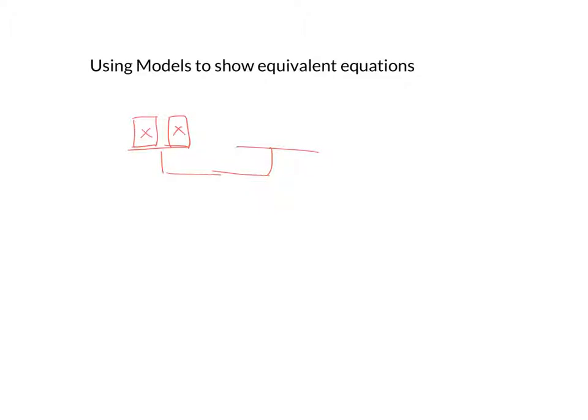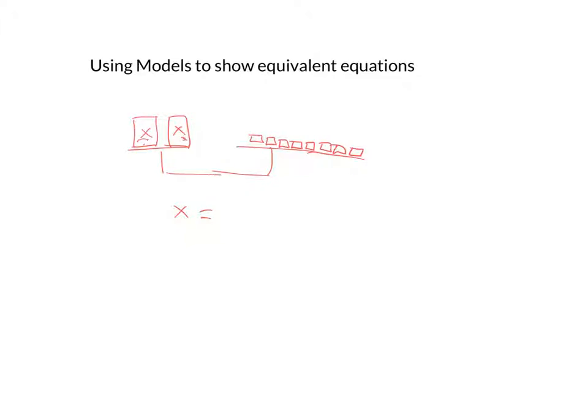And over here, we've got some blocks. In this case, we've got 8 blocks. So the question is, how much does x equal here? You can see we've got 2 x's over here, and those 2 x's equal 8 blocks.